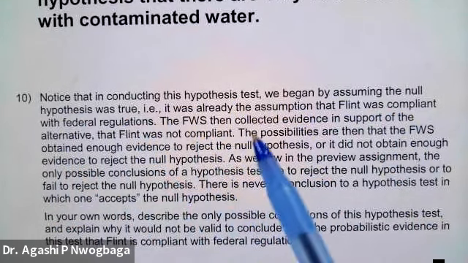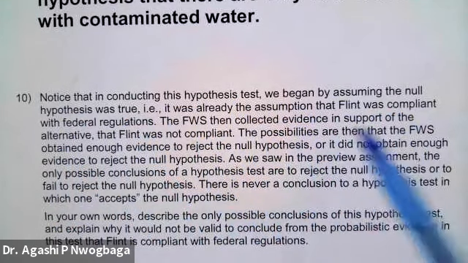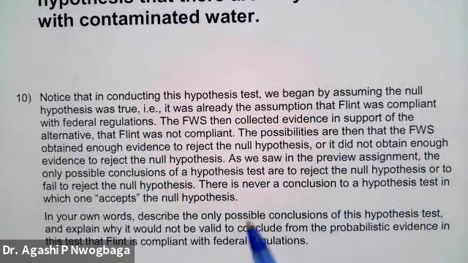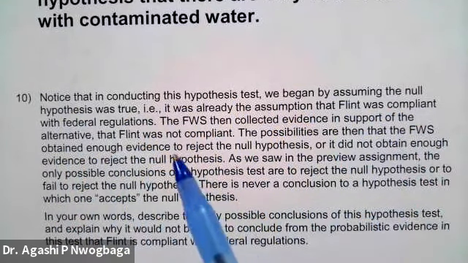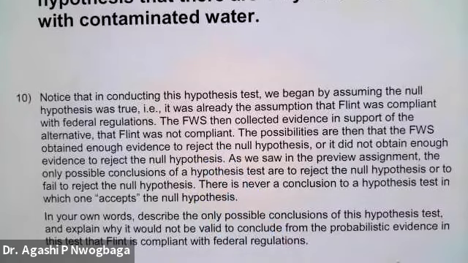The FWS then collected evidence in support of the alternative that Flint water was not compliant. The possibilities are then that the FWS obtained enough evidence to reject the null hypothesis, or it did not obtain enough evidence to reject the null hypothesis.